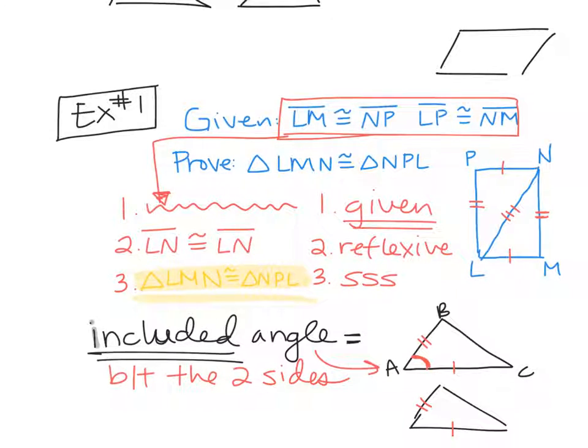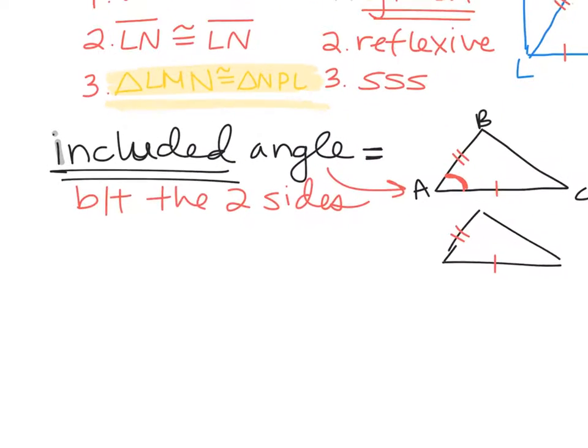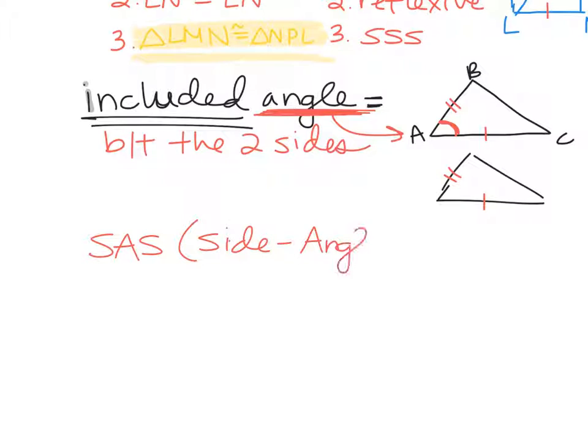So we are gonna use then a second shortcut that uses the included angle. And our second shortcut is this, it's called the SAS postulate, which is side, any guesses what our A is? Look up here. Angle. It's side, angle, side.